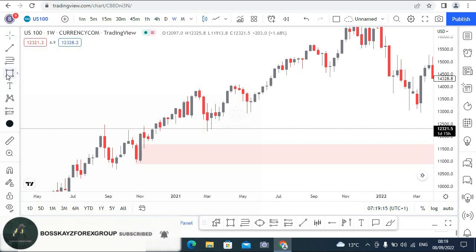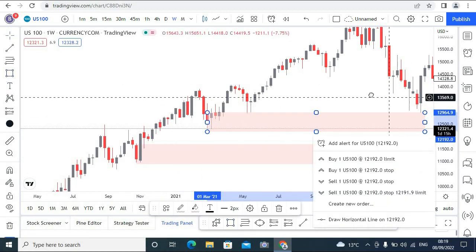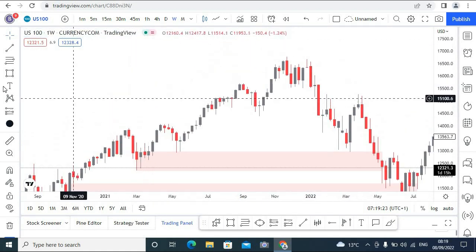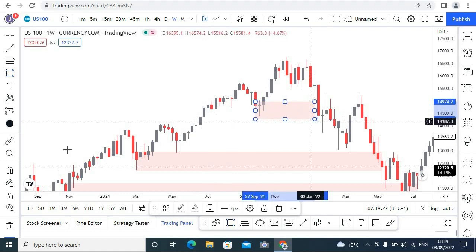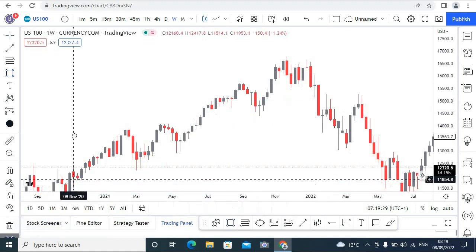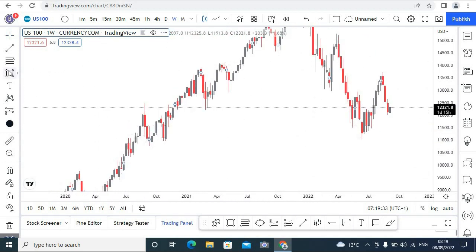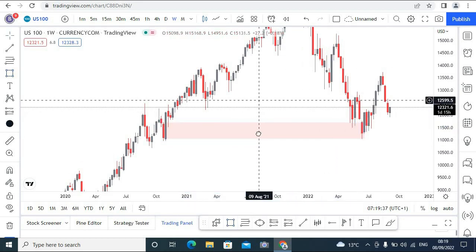As you can see, we did have a lot of these demands, but they were being taken out. Now, as you can see, this one was able to hold the orders.